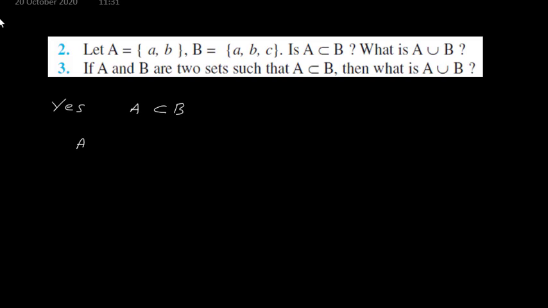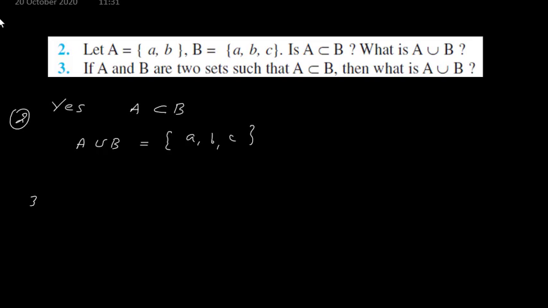A union B is the set of A, B and C. If A and B are two sets such that A is a subset of B, then what is A union B? When A is a subset of B, then A union B is set B. So this is the answer for the second question.